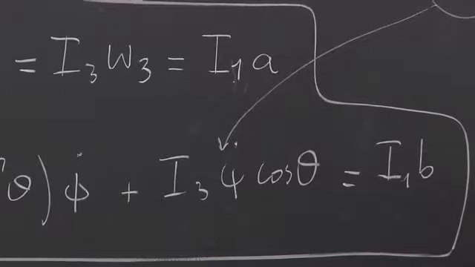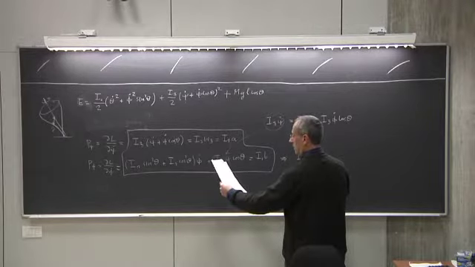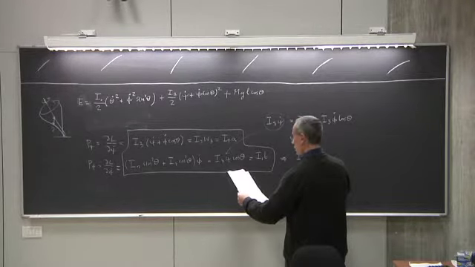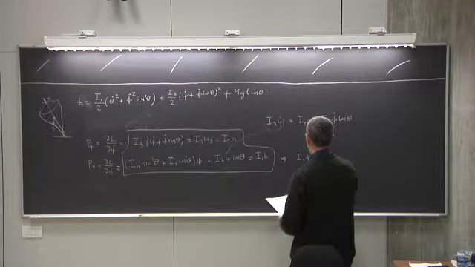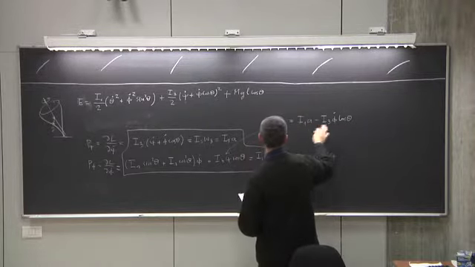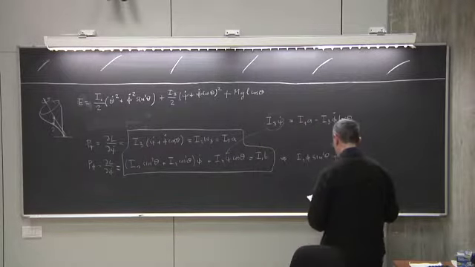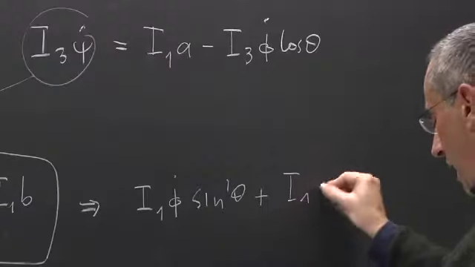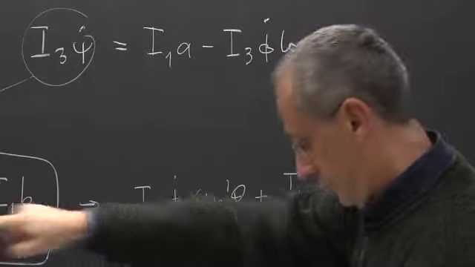In fact I have I1 phi dot, this term here, sine square theta, plus, well, I'm replacing this with these two terms, so you see that I have a term I1 a cosine theta from the first one.